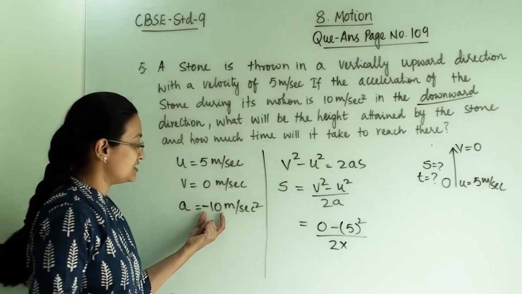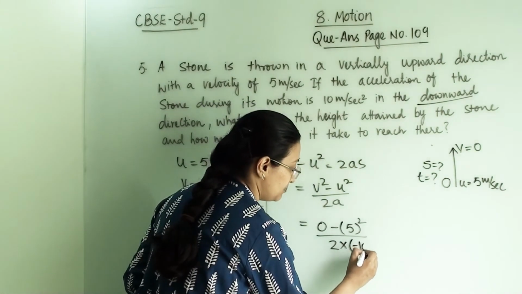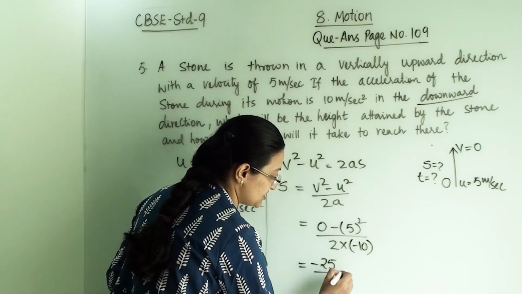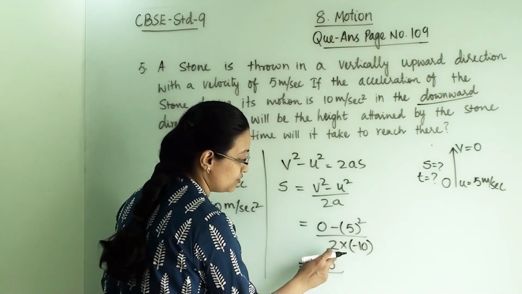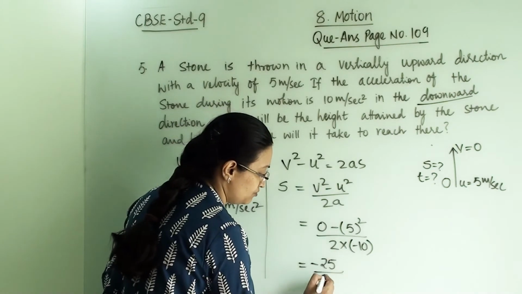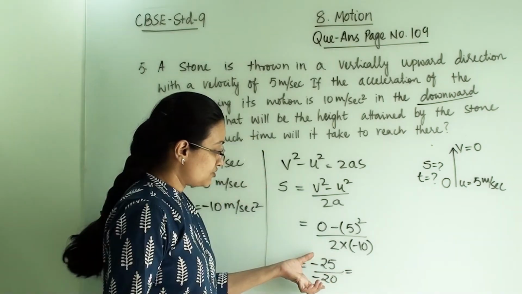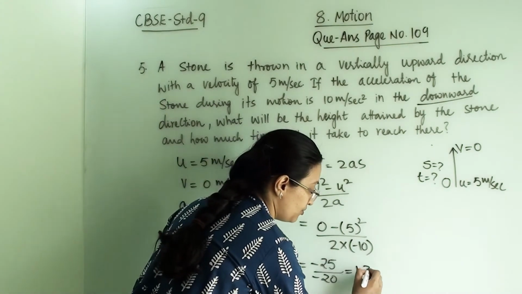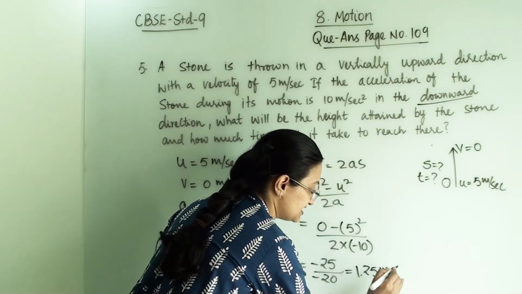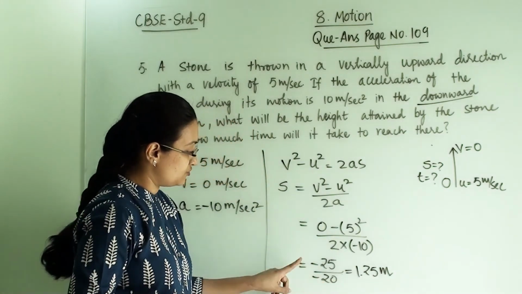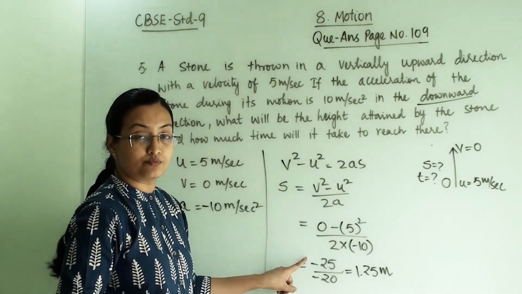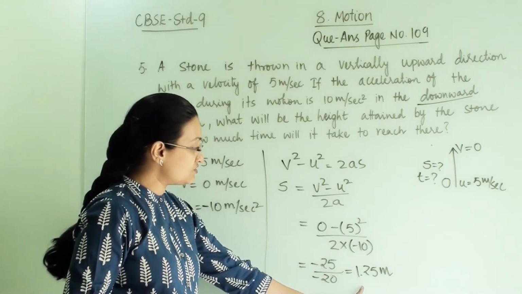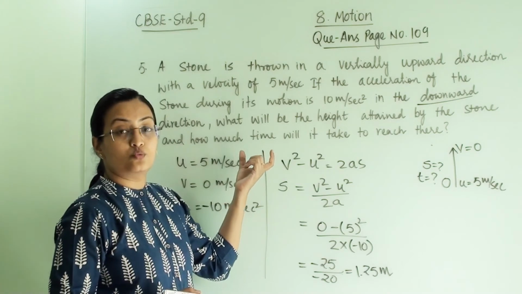Our acceleration is 10, and that too negative. So we get minus 25 because it's the square of 5, and below we get minus 20. Solving this, 25 divided by 20, we get 1.25 meter distance, and this is positive because numerator and denominator are both negative. So this much distance the stone will travel.